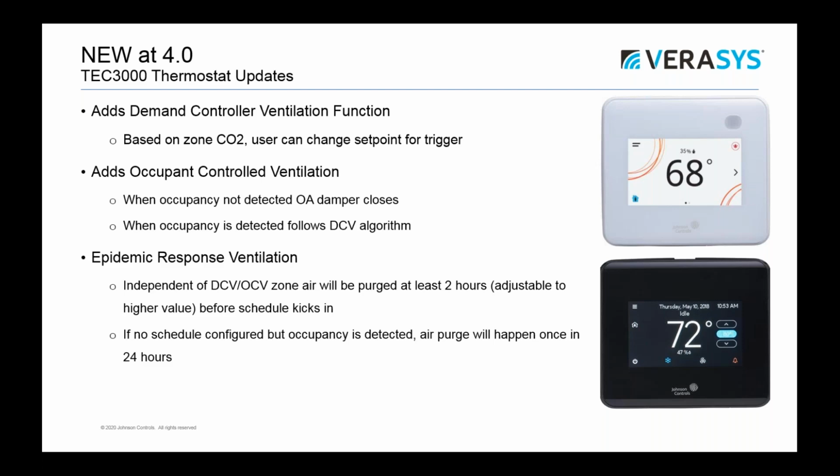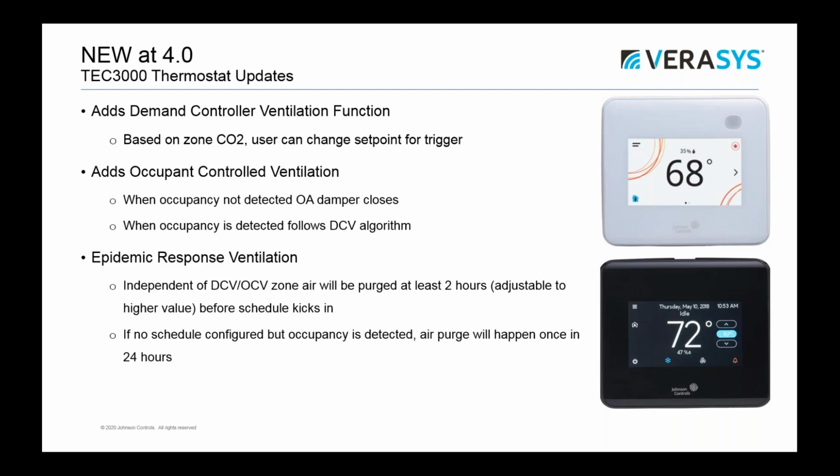You don't need a CO2 or occupancy sensor for it to work, but you can configure things like pre-occupancy purge, where it will look at the schedule object. It will find the first occupied period of the day, and then it will start the system 2 hours early. So open up the damper, run the fan, and bring in fresh air before people actually start to get in the building.